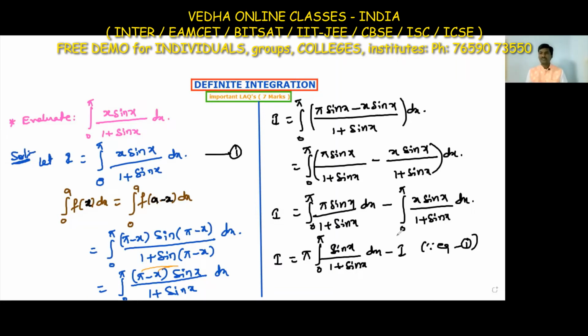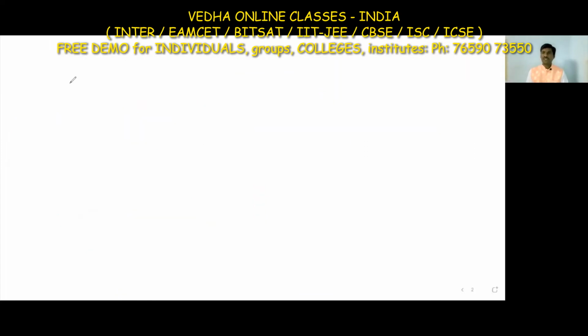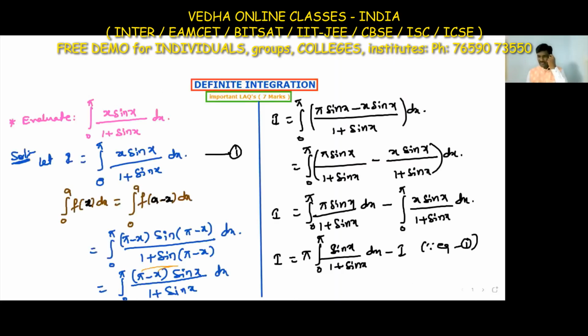Then we get I plus I. So I plus I is equal to, pi is a coefficient written outside, integral of 0 to pi sin x divided by 1 plus sin x into dx.